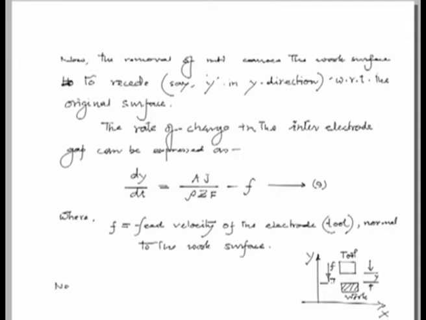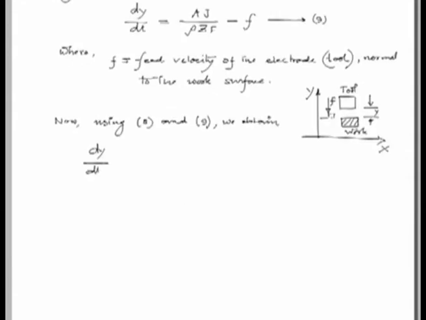Now, using the previous equation, that is 8, and this recent equation, that is 9, we obtain that dy dt is kappa times A v minus del v by rho z f, this is 1 upon y, minus f.